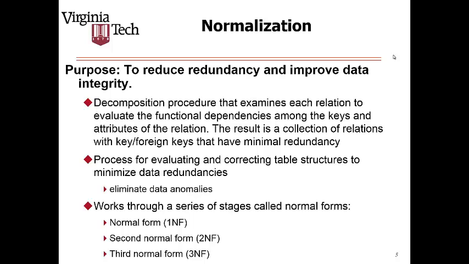If it is, we decompose by taking those two offending attributes, where the non-key attribute functionally determines some other non-key attribute, and move those attributes to another table. And so that's our process.